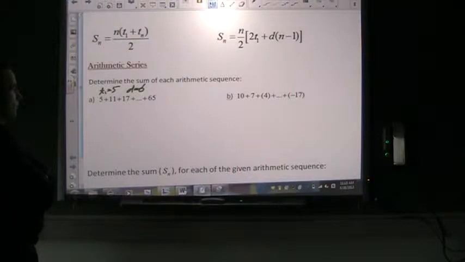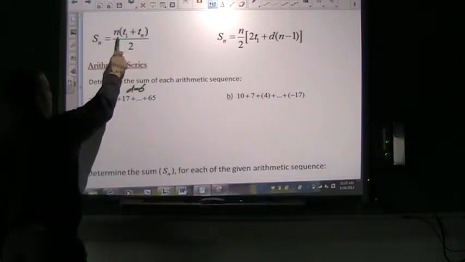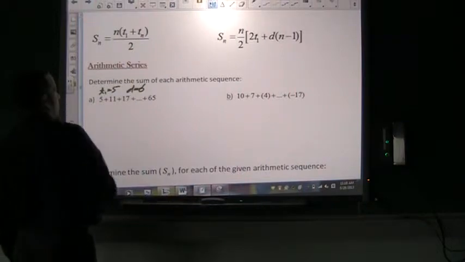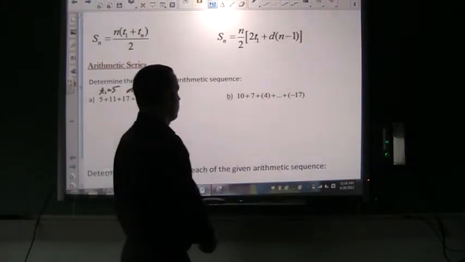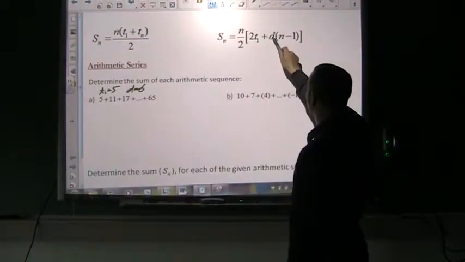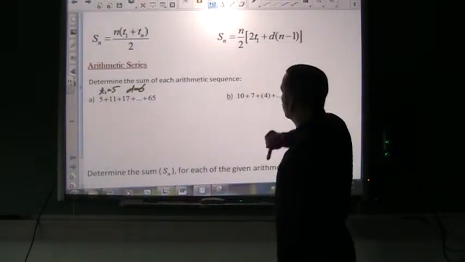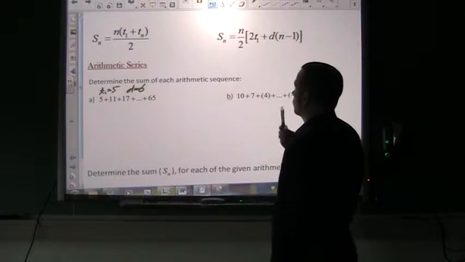Now, there's a couple of things I need for the formula for either one. For this one, I would need the number of terms, the value of the first term, and the value of the last term. Over here, I need the common difference, the total number of terms, and the first term. So similar things.